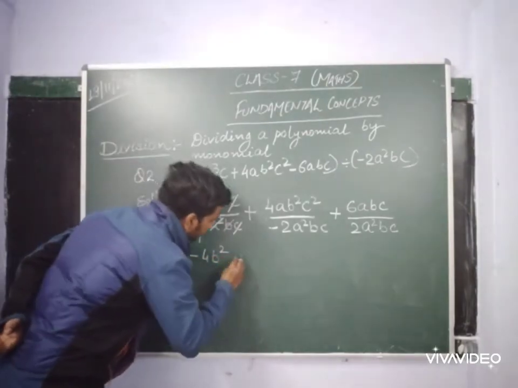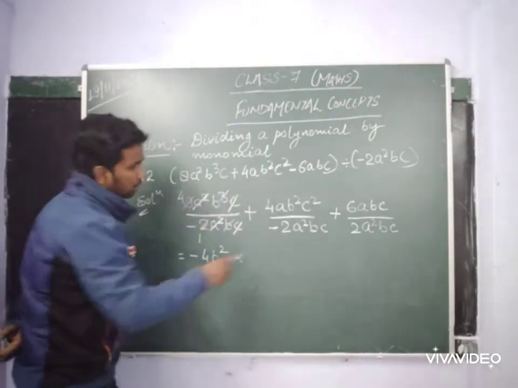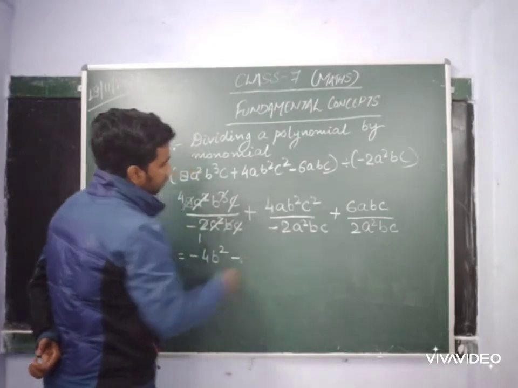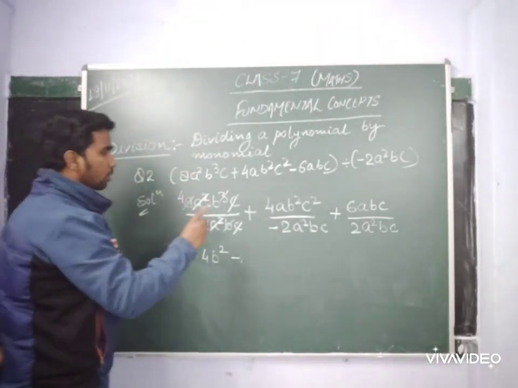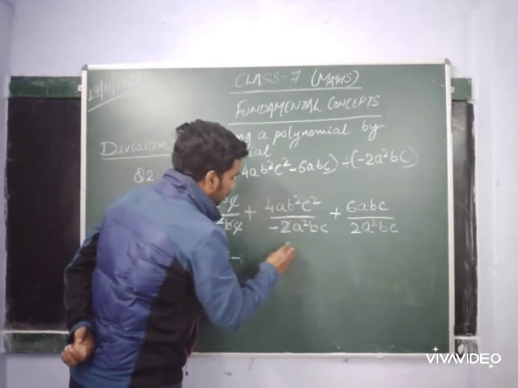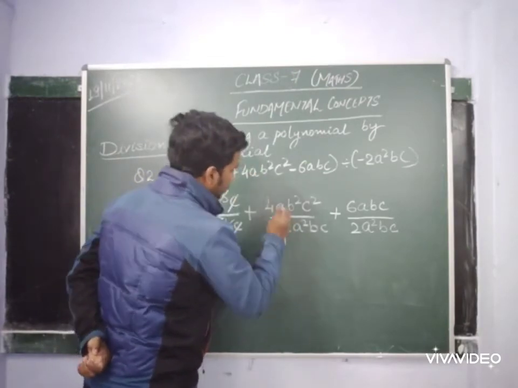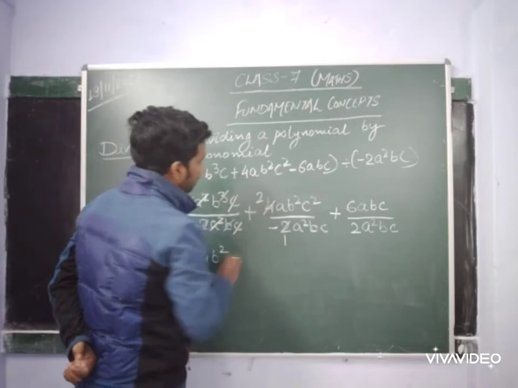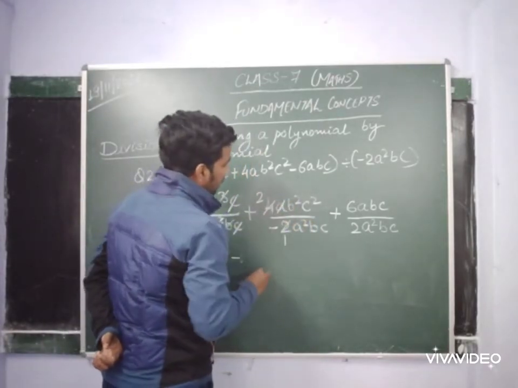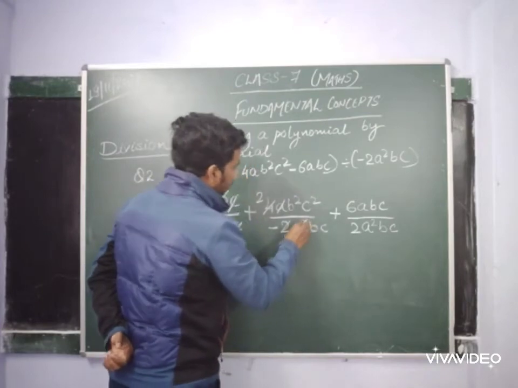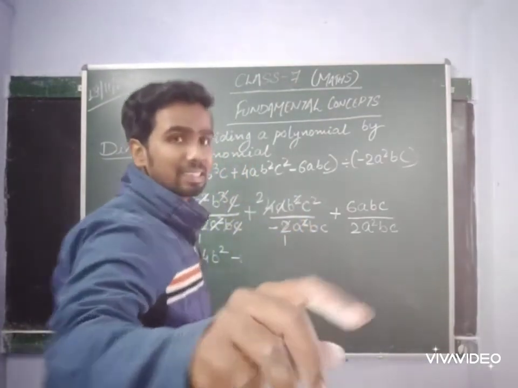Now let's see the second one, minus sign. Why? Because minus sign is there with 2a square bc, which is in the denominator. So now we will divide this. 2 1s are 2 and 2 2s are 4. From here, 1a will be cancelled.